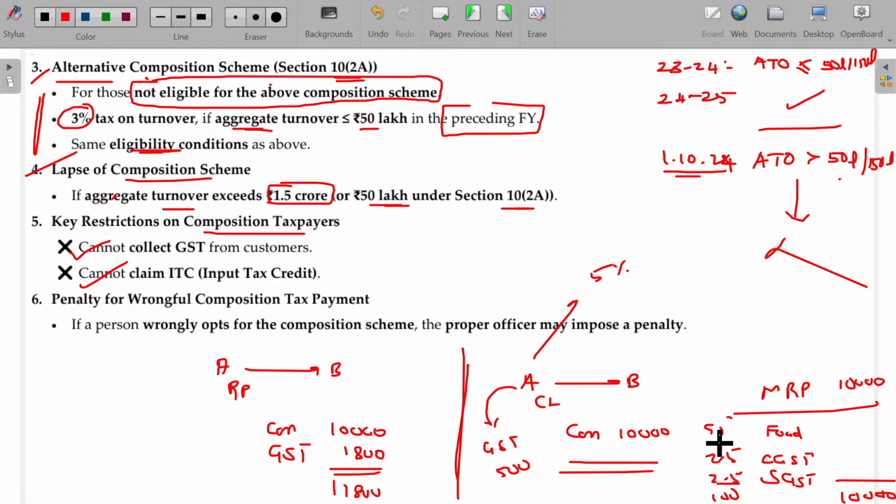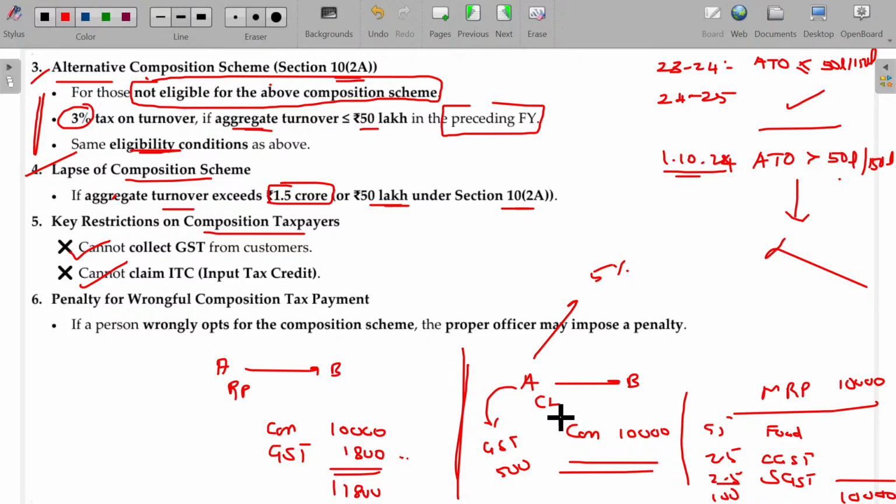You should not show the GST in your bill. Here it is shown properly: this is the GST number of mine, I collected the GST from you, and this is going to be deposited to the government. But here, I cannot show this 2.5% GST separately in the invoice.